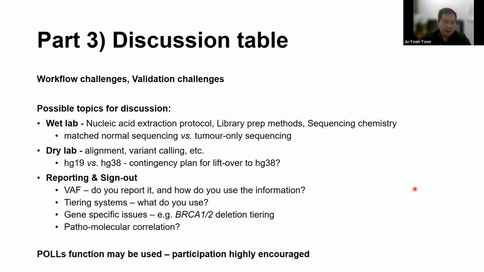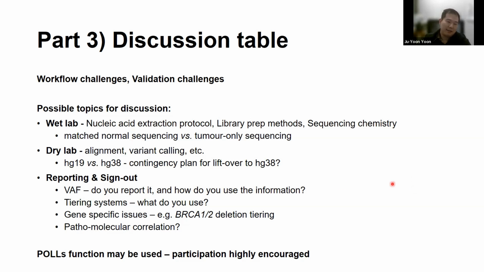Part 3, discussion table. It's what I like to think of as our opportunity to geek out. So talking about workflow challenges, validation challenges, and all the granular things that may not seemingly be relevant to a lot of other people, but certainly relevant to us.